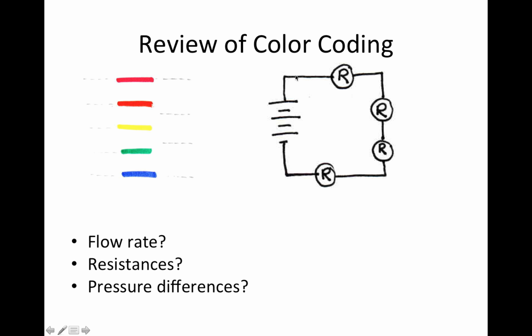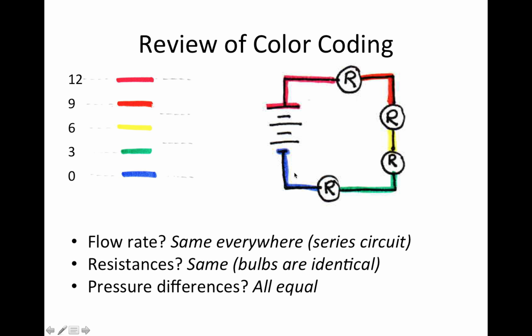We know this wire is at highest pressure, which is represented by red, and this wire is represented by blue, the lowest pressure. Then somehow we have to get from red to blue with 4 equal drops. It's going to drop from red to something here, then from something there to something here, from something here to something here, and then from here to here. And all those drops have to be equal.